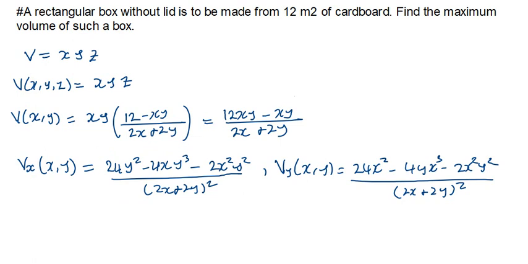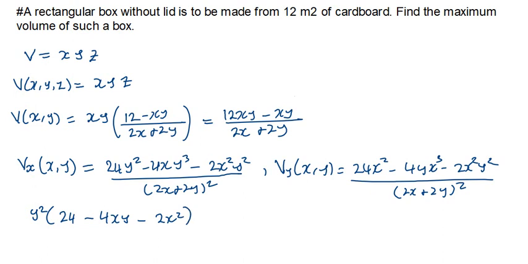So I can factor out y squared. Then I have 24 minus 4xy, is that really going to be 4xy? Yeah, 4xy, then minus 2x squared.